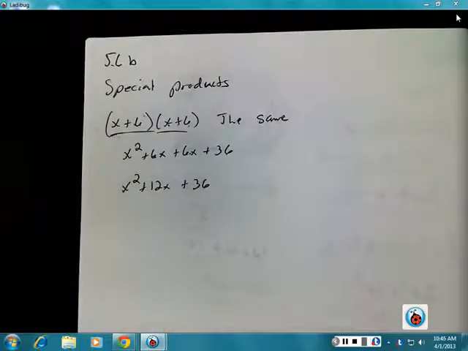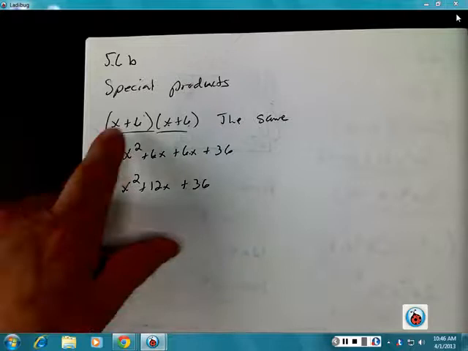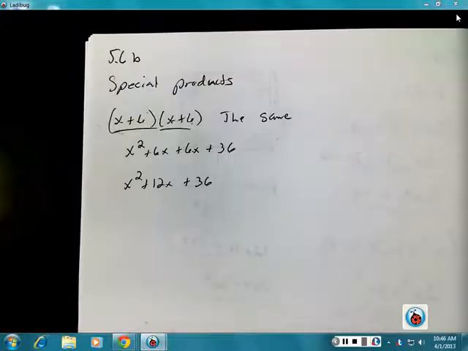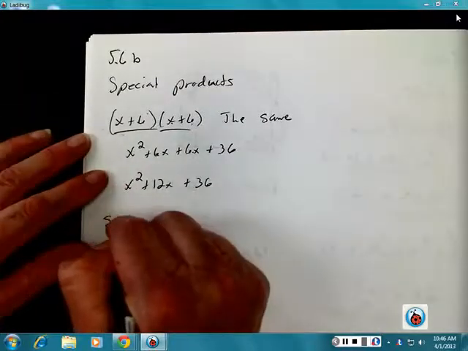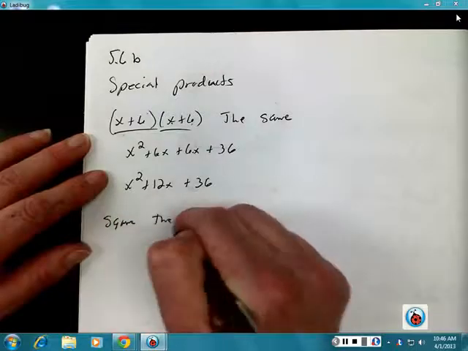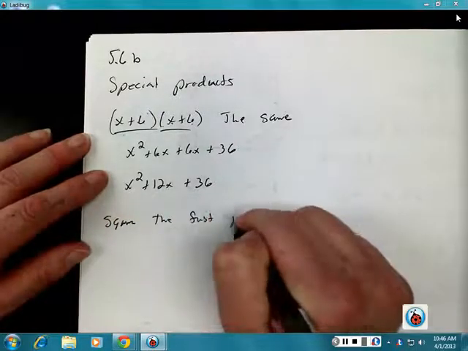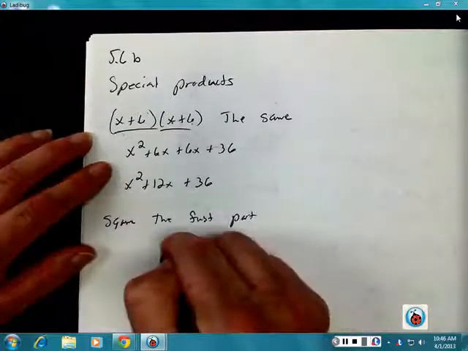There's a shortcut. And again, if you did pick up on the shortcut, it would save you a lot of time in intermediate algebra, because we run across these guys all the time in there, these perfect combinations of 2 binomials that are exactly the same and multiplied by each other. The shortcut is square the first part, so square x gives me x squared.